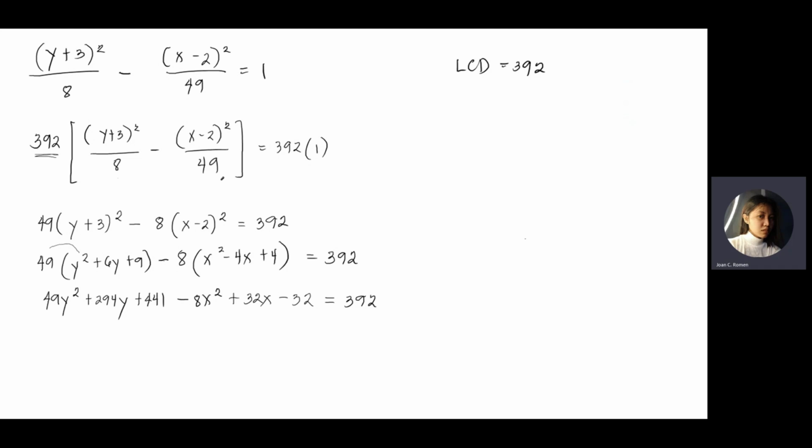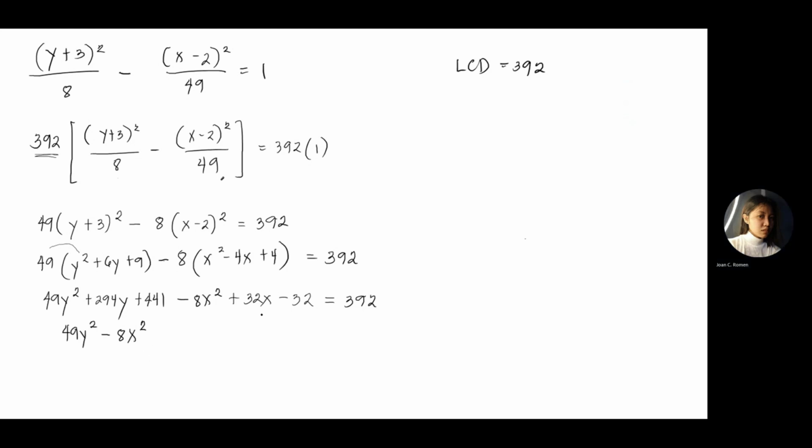Okay, so next step will be arrange. Okay, so we have to arrange po from highest exponent to constant, and 0 yung nasa right hand side. Okay, from highest exponent to constant. So since positive yung y, unahin natin si y. So 49y squared. Again, arrange muna natin. Sunod, highest exponent, yung may x naman, minus 8x squared.